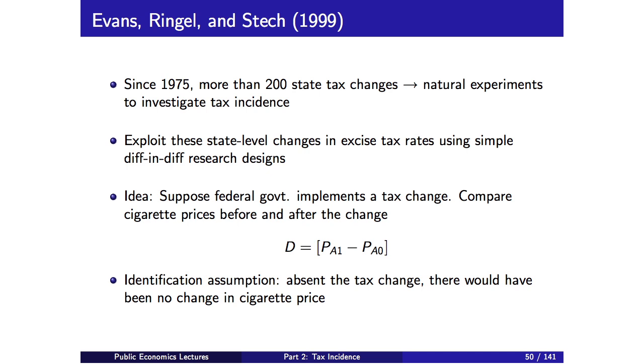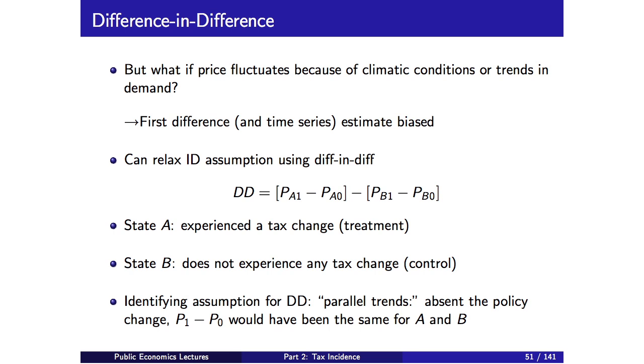The identification assumption here is that absent the tax change, there would have been no change in cigarette prices before versus after 2009. Now, naturally, that's a very strong identification assumption, and we don't think it's typically plausible because there are various reasons that cigarette prices might fluctuate in the time series. So this is, more generally, the problem with a pure time series analysis.